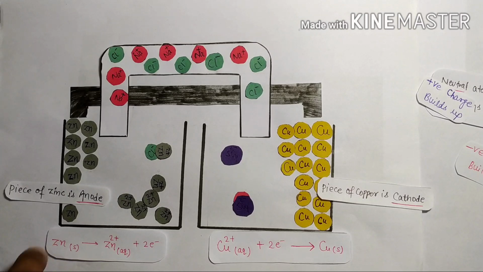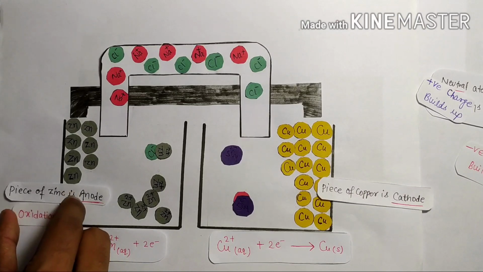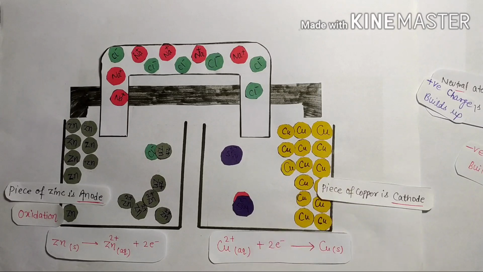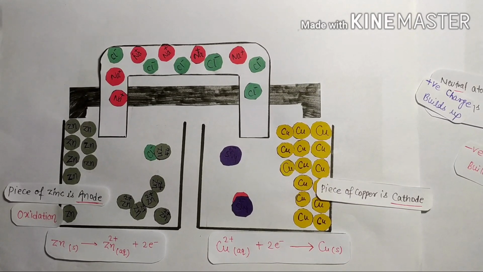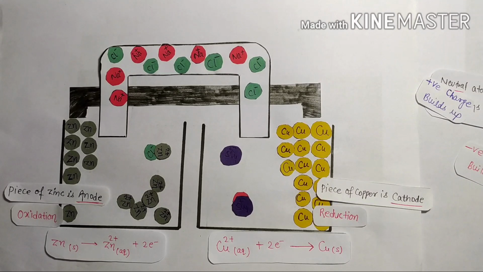Here the zinc is losing its 2 electrons and becoming Zn2+, so oxidation occurs. We say that at the anode, oxidation will occur. But in this case, the Cu2+ gains the 2 electrons and becomes Cu solid. Here reduction is going on, so at the cathode, reduction is happening.